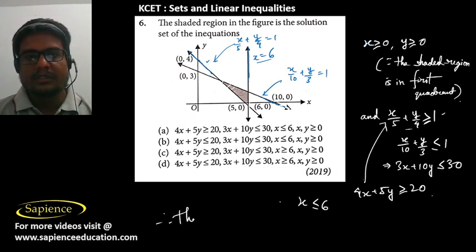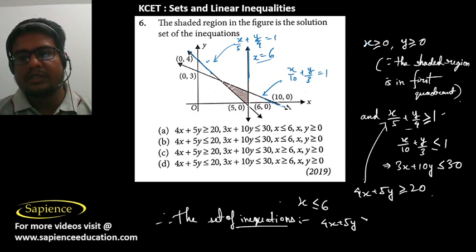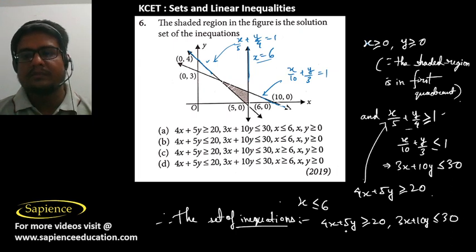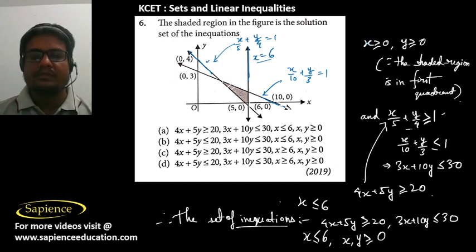So the set of inequations that satisfy the shaded region are 4x plus 5y greater than or equal to 20, 3x plus 10y less than or equal to 30, x less than or equal to 6, and x, y greater than or equal to 0.